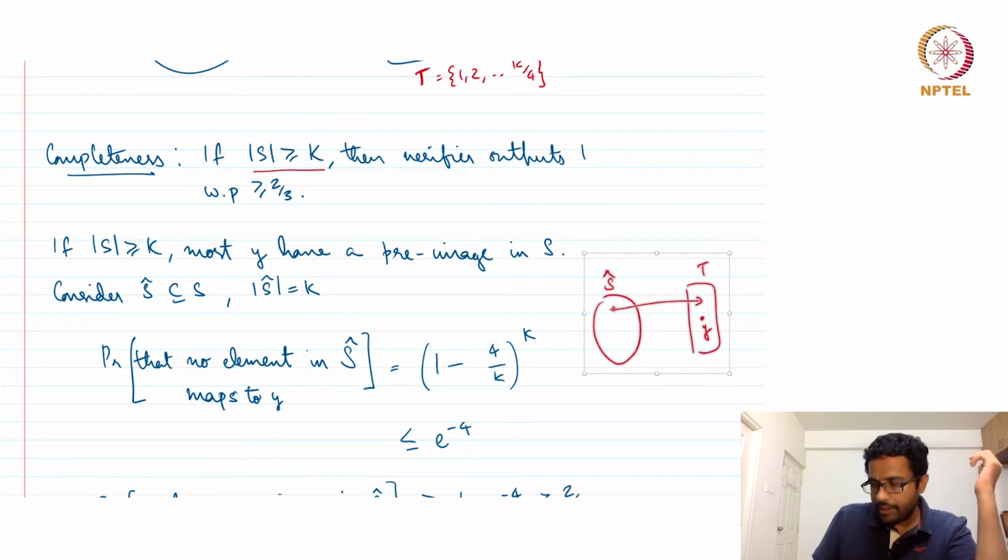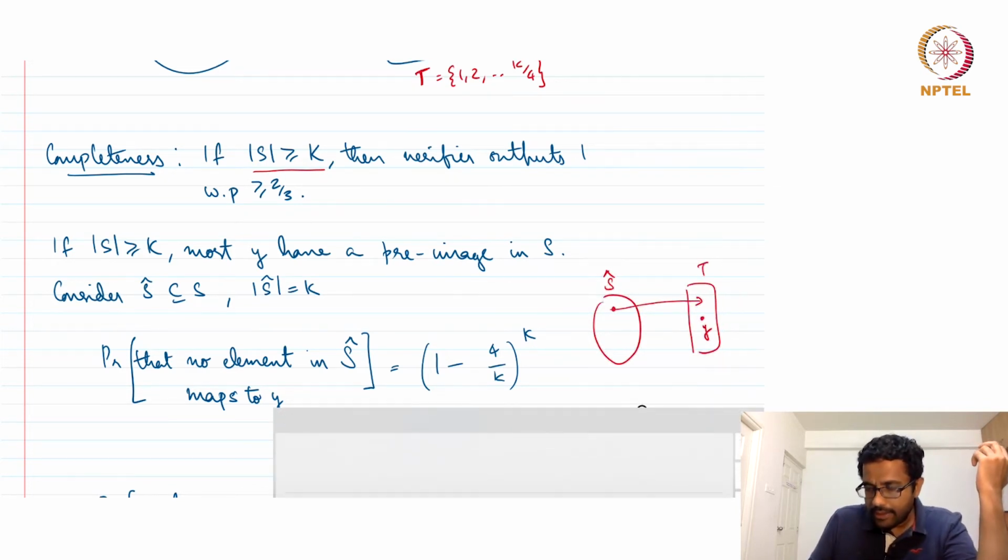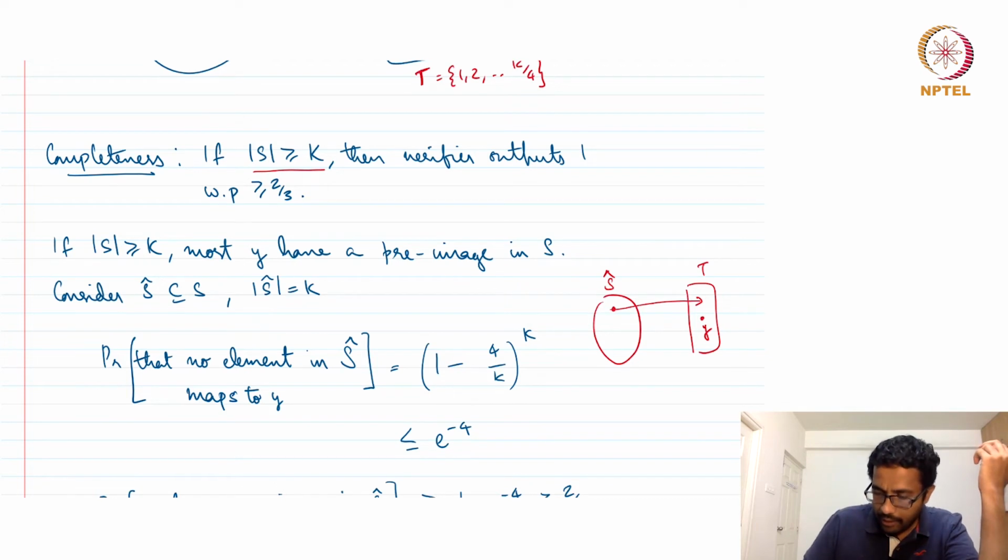It's a pairwise independent hash family. So an arbitrary element misses Y, let's say with probability. So one element misses Y. So the probability that h of Z for a specific element Z is not equal to Y: the probability that h of Z equal to Y is 1 divided by K by 4.